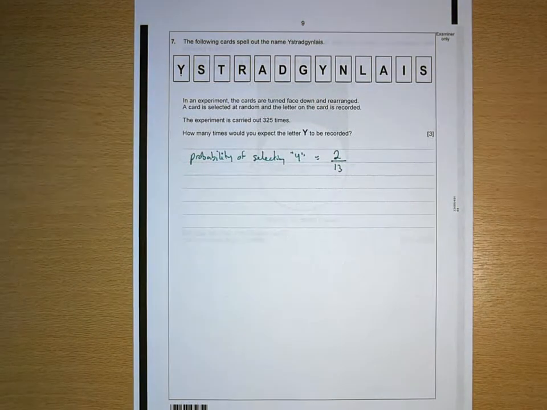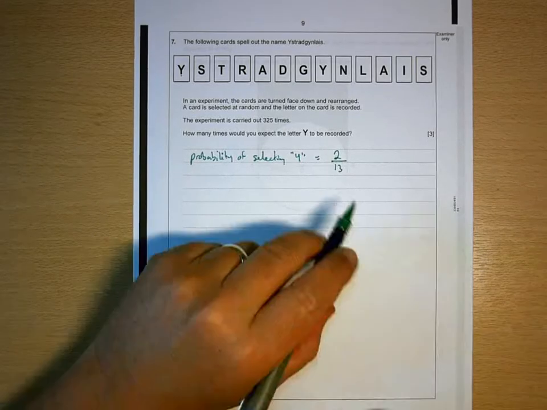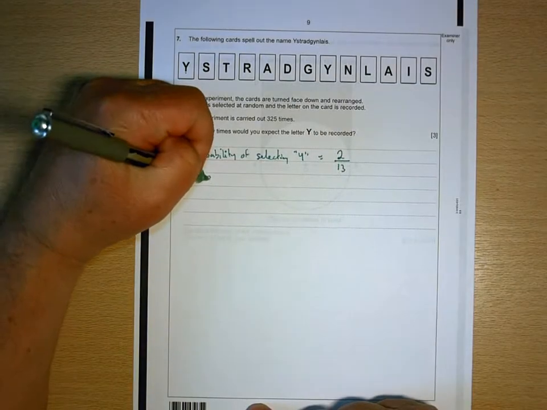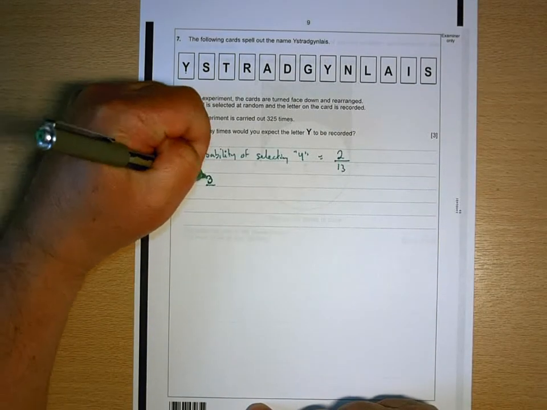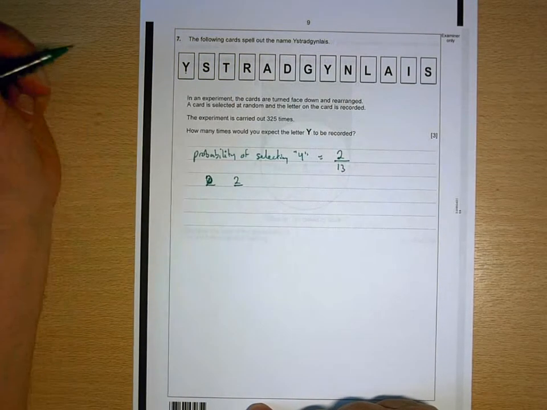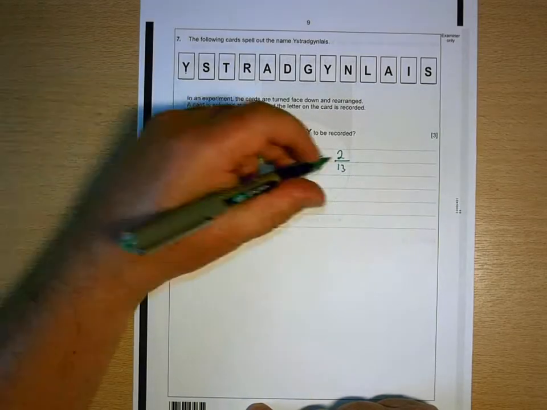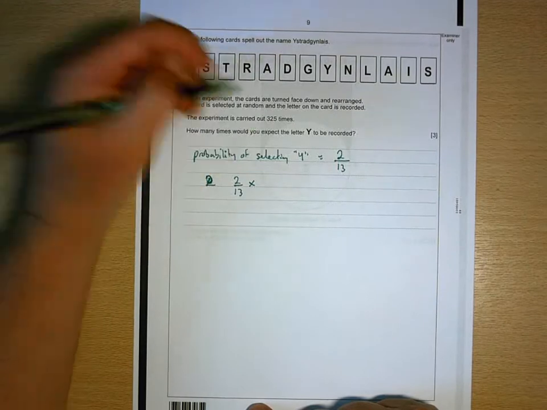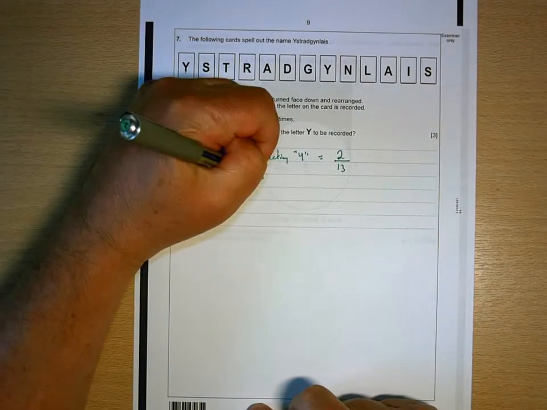So the chances of you selecting a card at random and it being a letter y is 2 out of 13. Now if that's repeated 325 times, to work out how many you would expect the y to turn up, you would do the probability of it happening once multiplied by the number of times that's repeated.